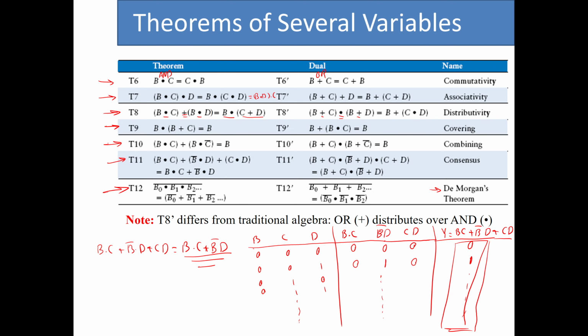It's basically named after some mathematician. In its basic form, you can have only two variables, but in its general form you can have more than two variables, and you will see at a later slide how the De Morgan theorem can be useful.